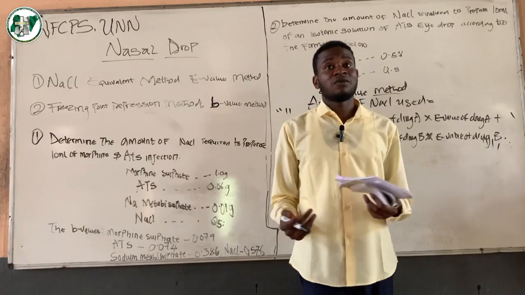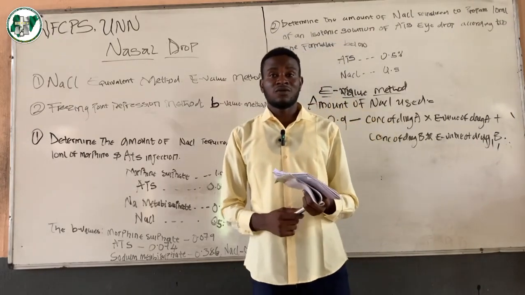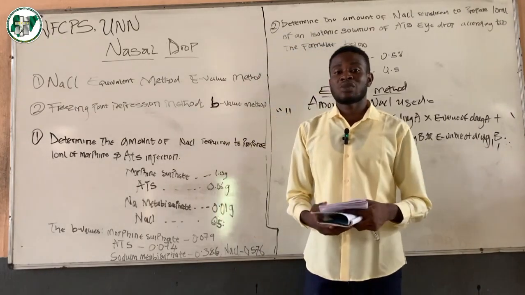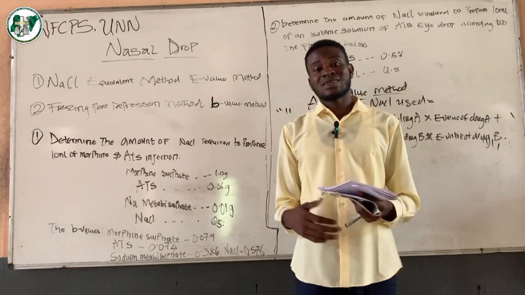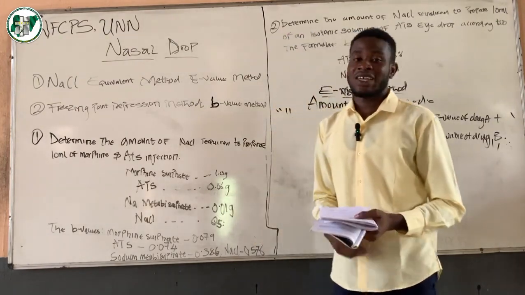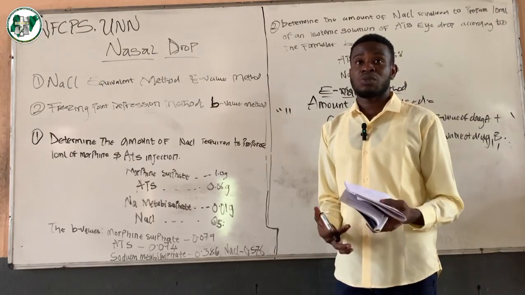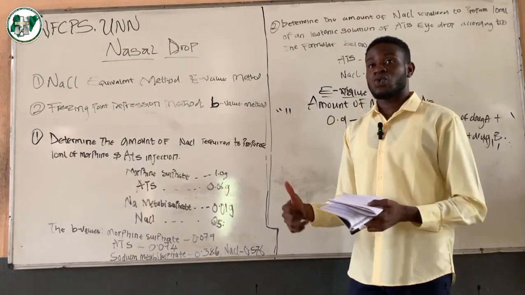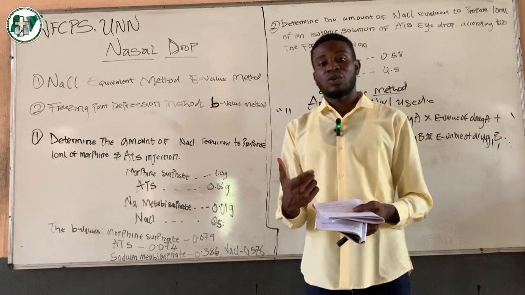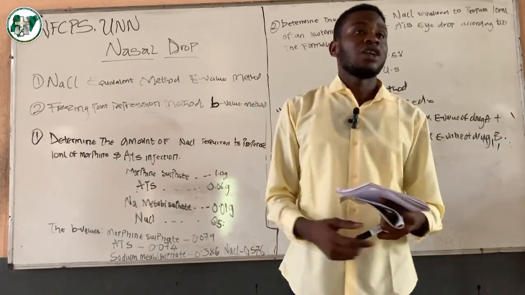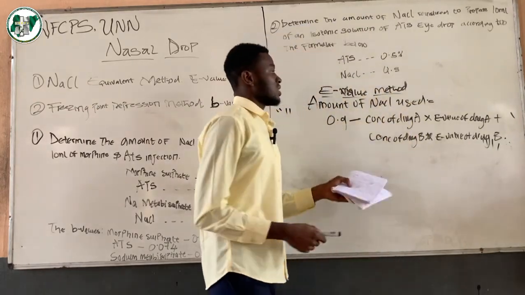So in certain questions, you might be given the E values of certain drugs or excipients in the prescription. In certain questions, you might not be given. So what you do is you go to your codex and look for the product. There you find the E values. So this is how we use the E value method.